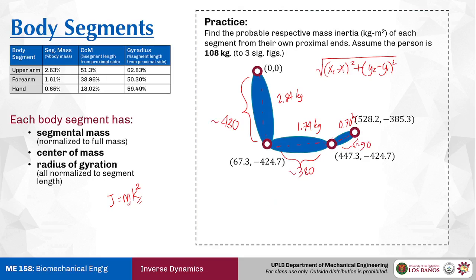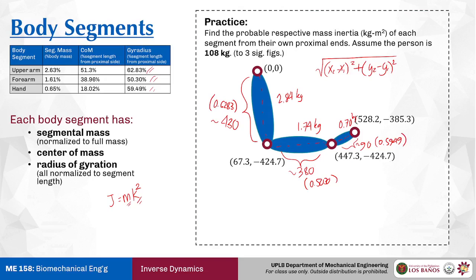Now, the gyradius or radius of gyration is presented as a percent of the segment length. So you have your segment lengths, you just have to multiply the appropriate percentages: 59, 49.